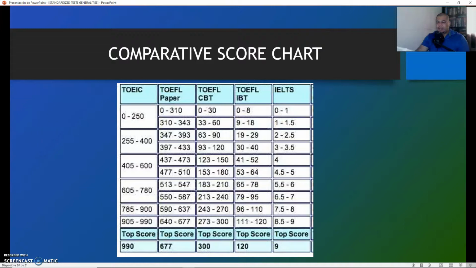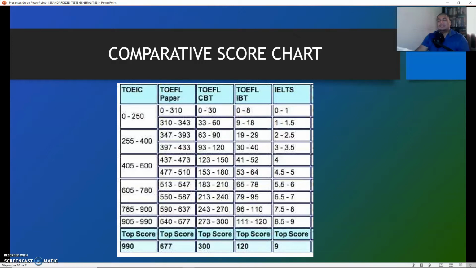The highest score you can get in TOEIC is 990 points. And you cannot get more because that's the roof of the test. For TOEFL, the paper-based test, it's 677 points. And the TOEFL CBT, which again is not applied anymore, is 300 points.